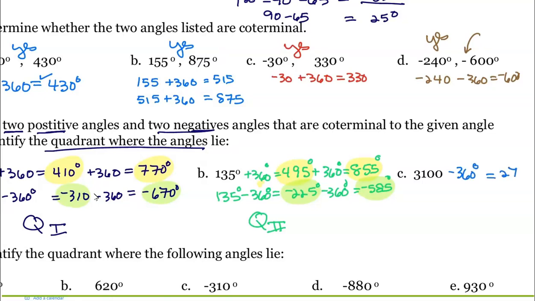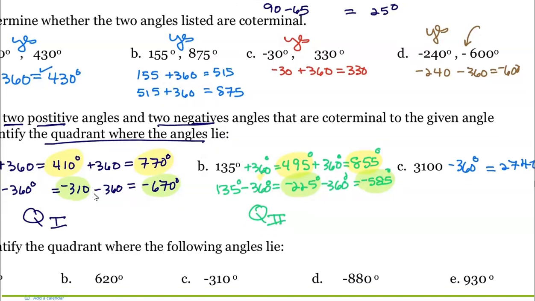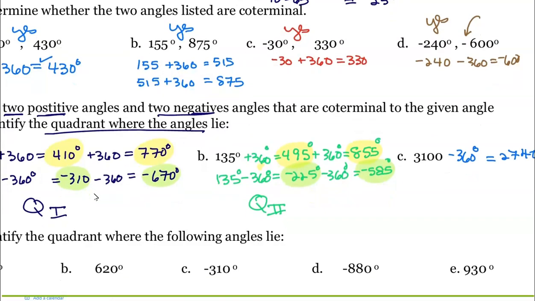I get 2740, which is a positive coterminal angle. Then I'm going to take 2740 and subtract 360, and I'm going to get 2380, and that's a positive coterminal.